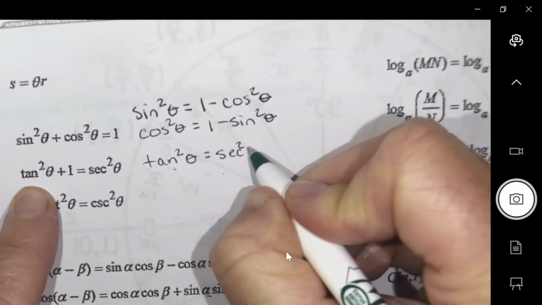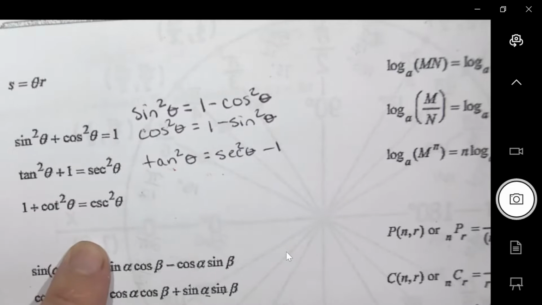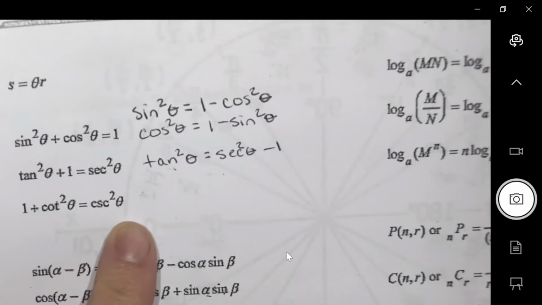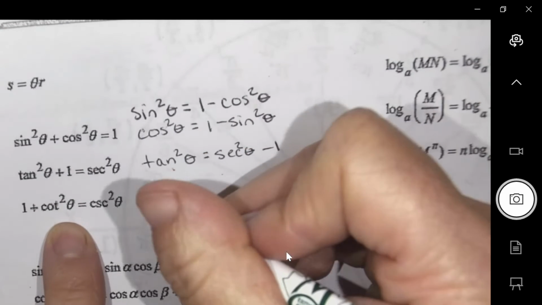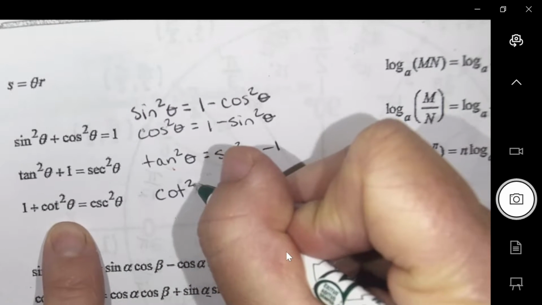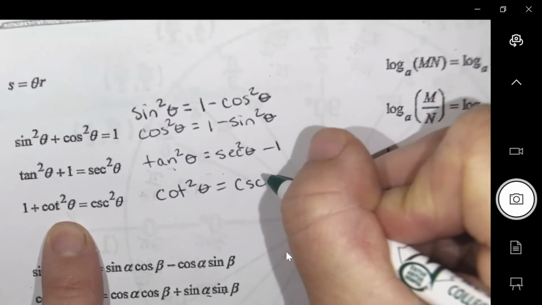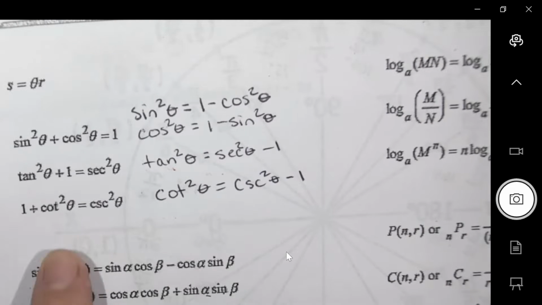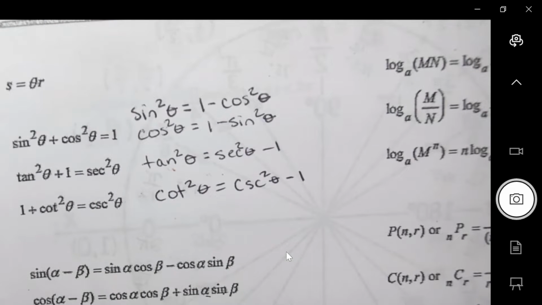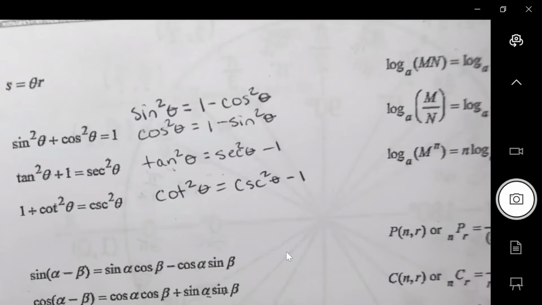Secant squared minus 1. And here I could also say cotangent squared. So you can take all that and maneuver it around so that you can have all of those plugins available. I find lots of people write that when I give a test, they just write that right away, so those are just all ready to go.